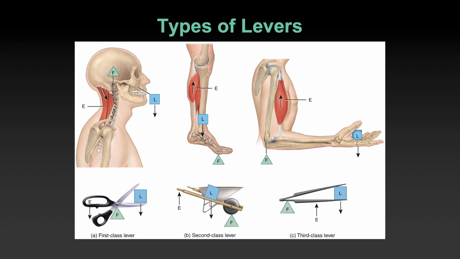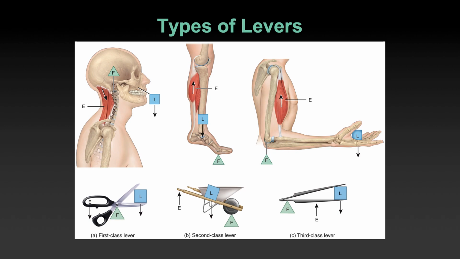There are a couple different kinds of levers: first class, second class, and third class levers. We don't need to know why they're named that way. Just notice that they're different. Notice the position of the effort in relation to the fulcrum and the load. In the first class lever, they are separated by the fulcrum.